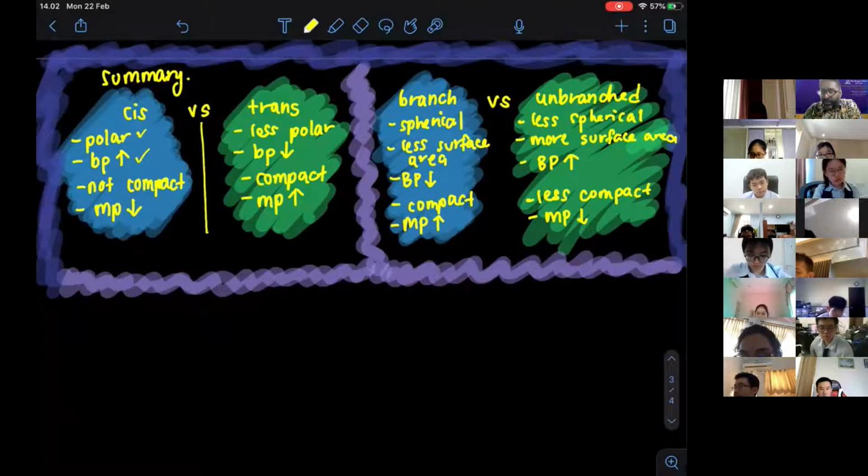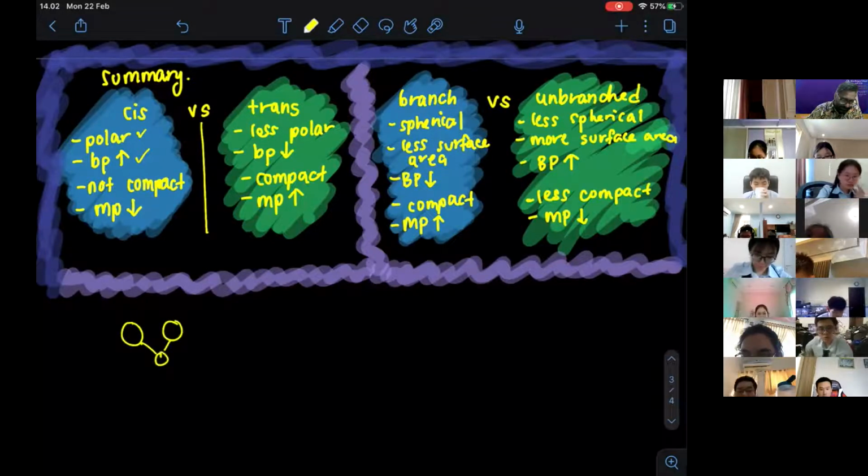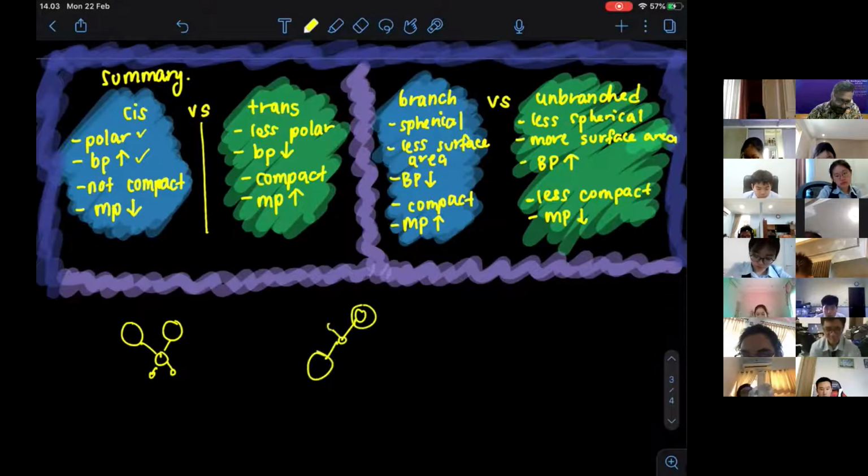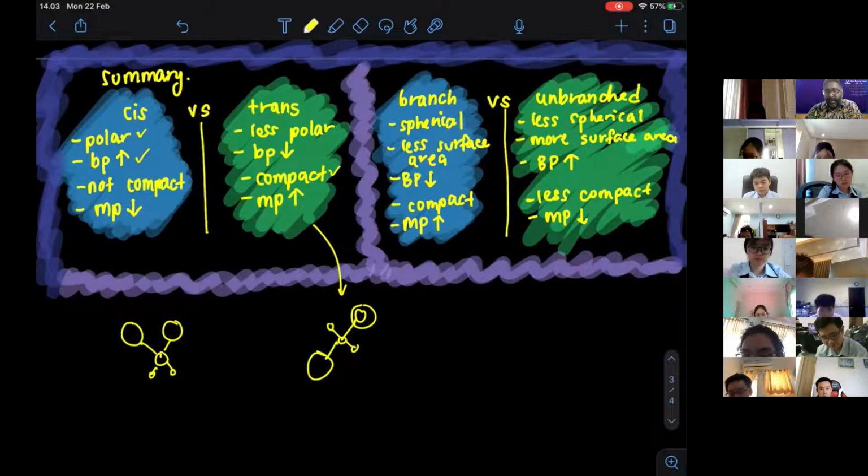When I talk about melting point, the way cis molecules are arranged is going to be something like this. You can just roughly guess like this. This will take a lot of space in comparison to if I arrange it in this way. This will be more compact, and if it is more compact, the melting point is going to be higher. The same concept I apply with branched and unbranched.